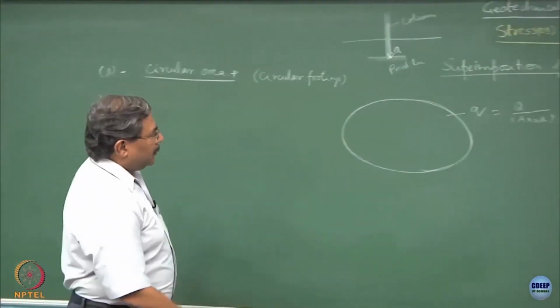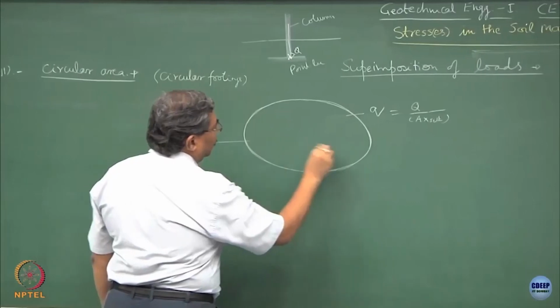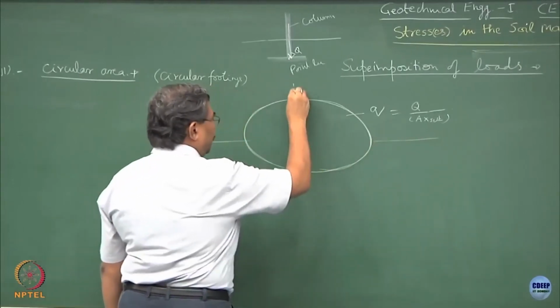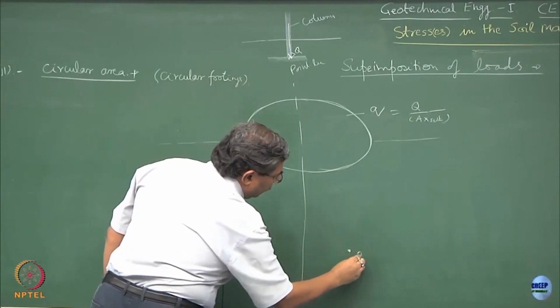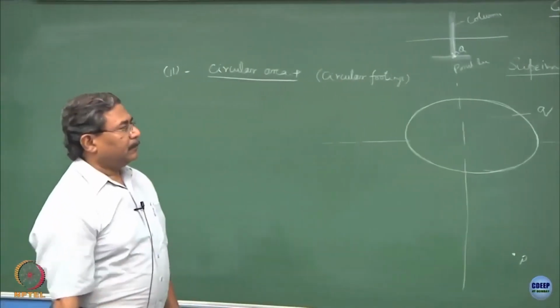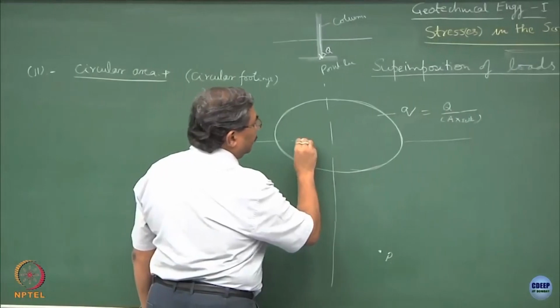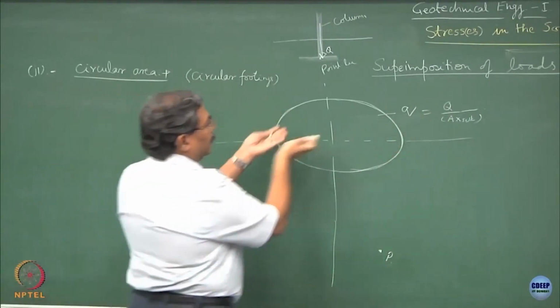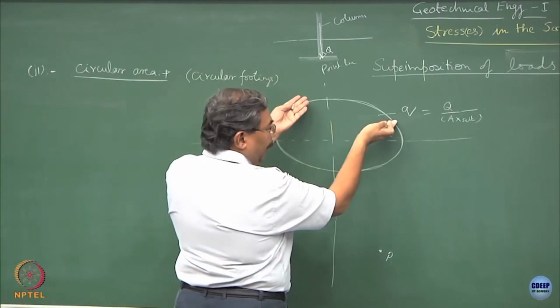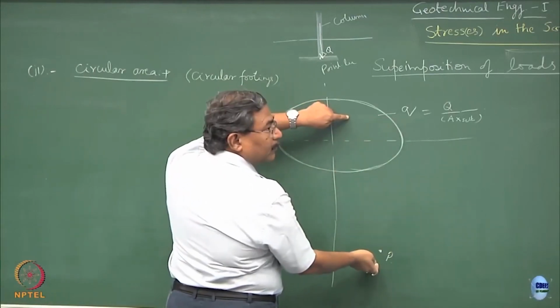And suppose I ask you to find out what is the state of stress at a given point P. So, this whole thing is resting on the ground, and because of this you want to find out the state of stress at point P.